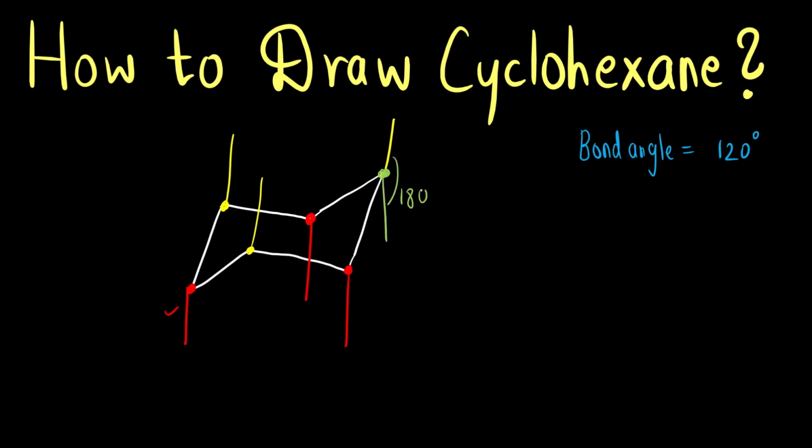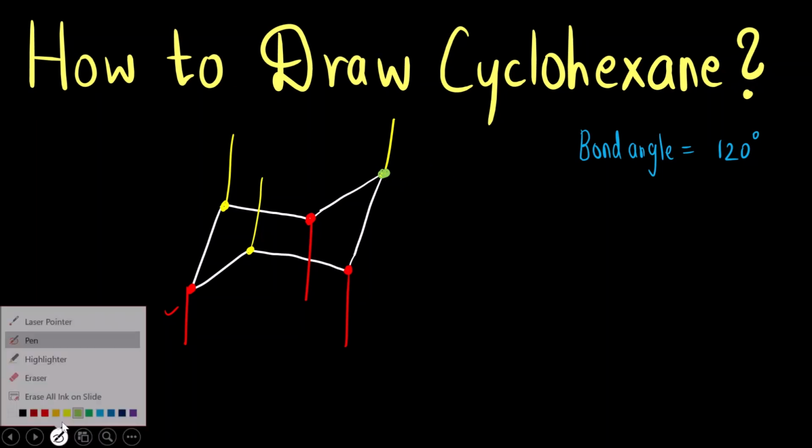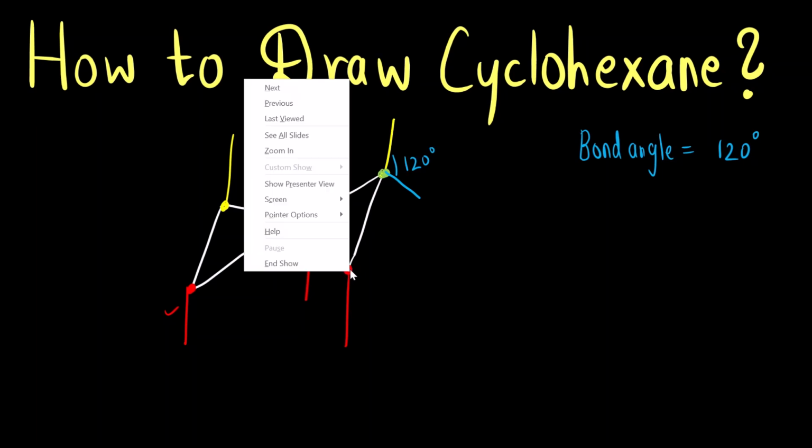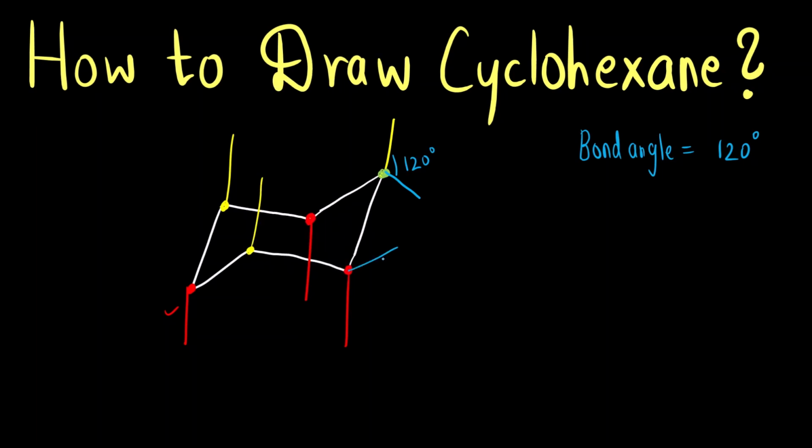No, here the bond angle is 180 degrees. That is also not correct. Structurally, it is very important that you draw the correct bond angle. So what is going to be the correct bond angle? It is going to be like this, 120 degrees. Similarly, here also, I cannot draw like this. This is the correct bond. Then here also like this, 120. In this way you can draw the axial and equatorial bonds.